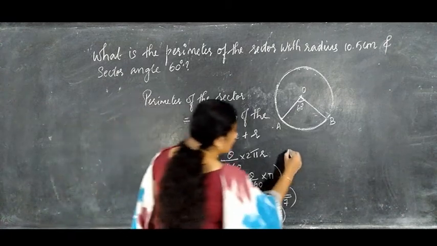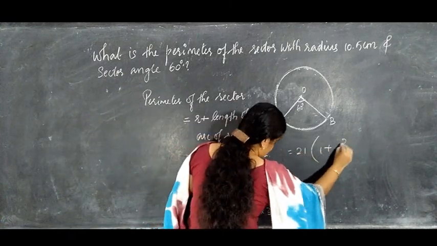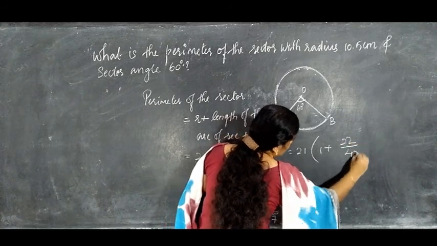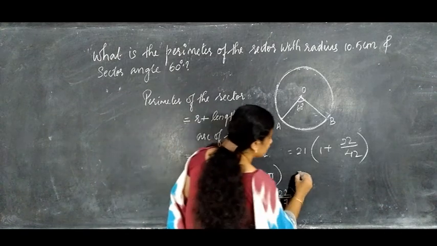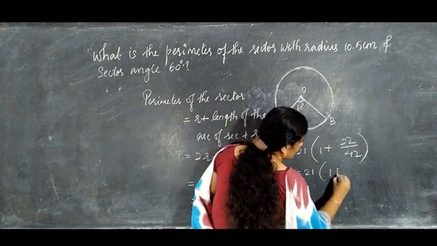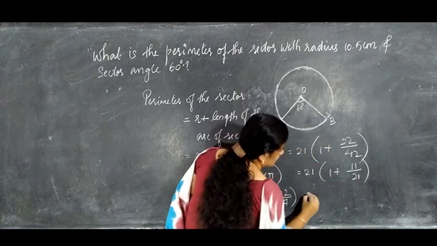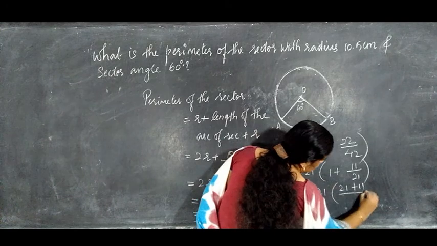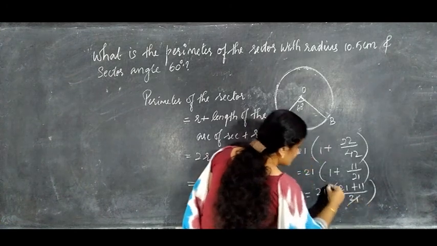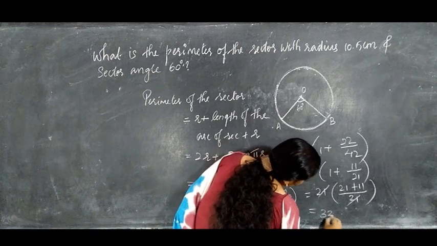So what you will have? 21 into 1 plus 22 by 42. Now what you have? 21 into 1 plus 11 by 21. That is 21 into 21 plus 11 by 21. 21 got cancelled. So the answer is 32.